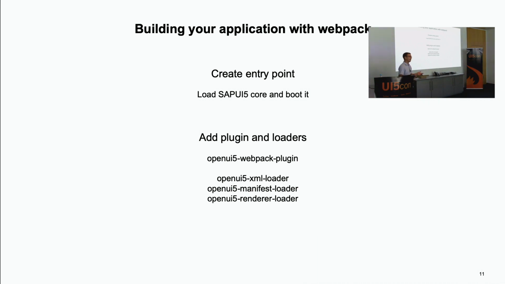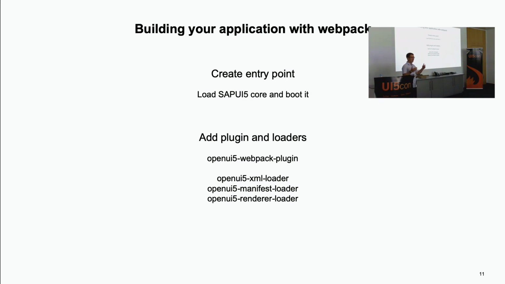Last thing, and this is unfortunately always needed, is the OpenUI5 renderer loader. This is a little bit hacky, but most of the UI5 controls don't specify a dependency to their renderer. So without that, we would always have some errors, could not find renderer for XYZ control.